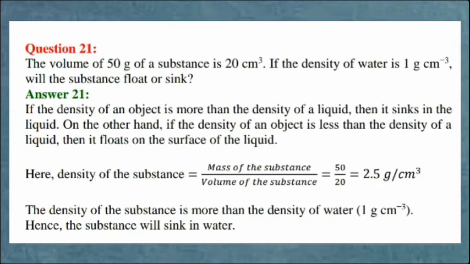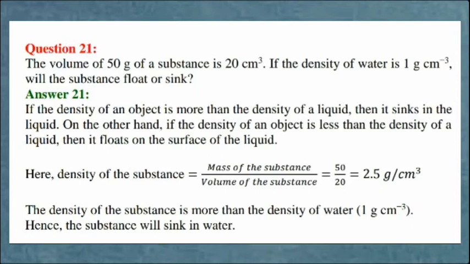And in the question it is given that the density of water is 1 gram per centimeter cube, and we have obtained that the density of the substance is 2.5 gram per centimeter cube. So as we are seeing that the density of the substance is more than the density of water, that is 1 gram per centimeter cube, hence the substance will sink in water. Okay, so our conclusion is that the substance will sink down in the water.